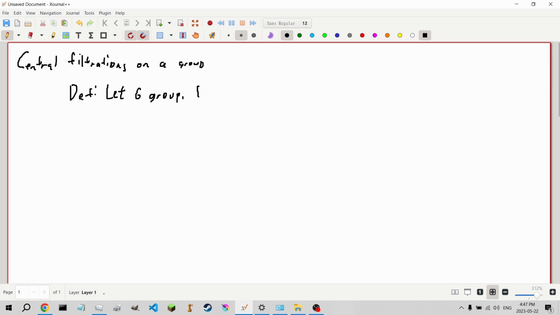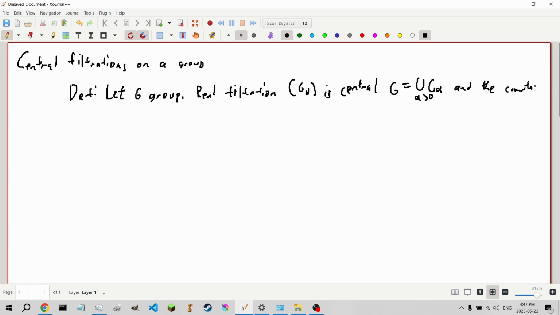A real filtration G alpha on G is called central if G is the union of the positive grades, and the commutator of x and y, which we recall is x y x inverse y inverse.